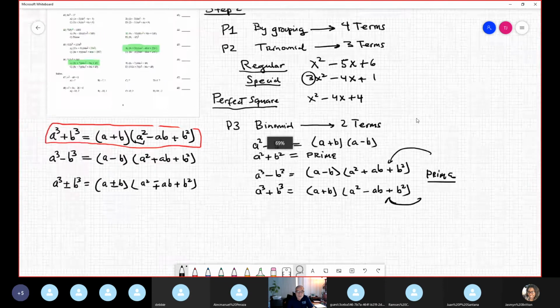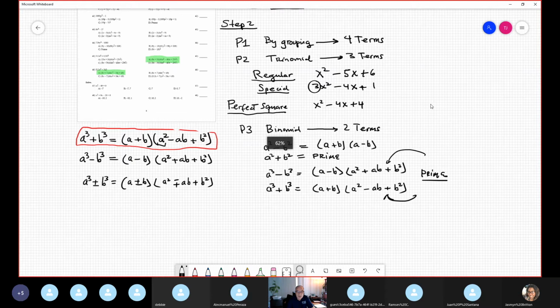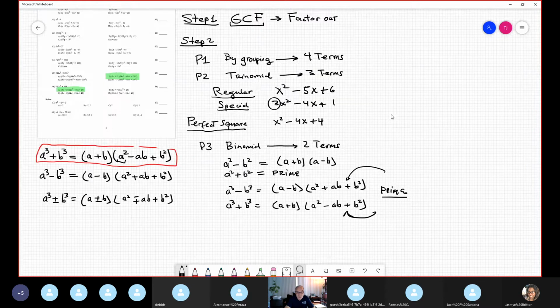You see it first, and you count. How many terms do we have in our expression? 4, 3, or 2? 4 is grouping, 3 is trinomial. Okay, this is the most complicated because we have 3 kinds of trinomial, and 2 is, well, also a little bit complicated because you have several possibilities. We have difference of squares, difference of cubes, sum of cubes.